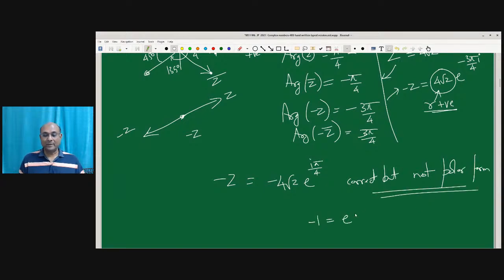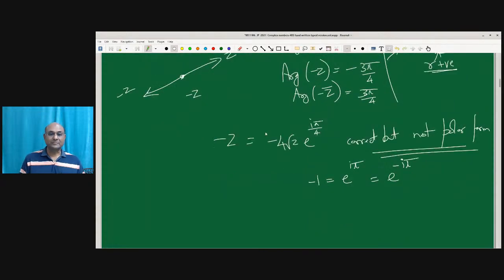Minus 1 is e power I pi. Okay, you can also write it as e power minus I pi. Both are correct. So if this minus 1 has to be taken inside the e because R has to be positive, then minus Z, if you want polar form, is 4 root 2 e to the power of I pi plus I pi by 4. But then the angle will become greater than pi.